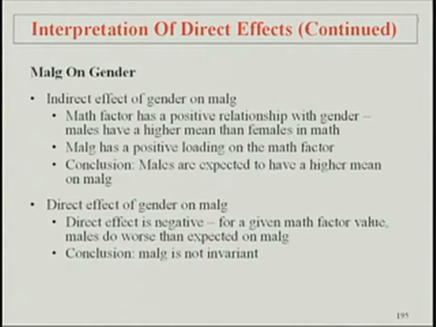Math algebra has a positive loading on the factor, so you expect them to have a higher mean on math algebra. But the direct effect is negative. So for a given math factor value, males do worse than expected on math algebra. And the conclusion, once again, is that math algebra is not invariant across genders. So this is how we use the MIMIC model to study measurement invariance.